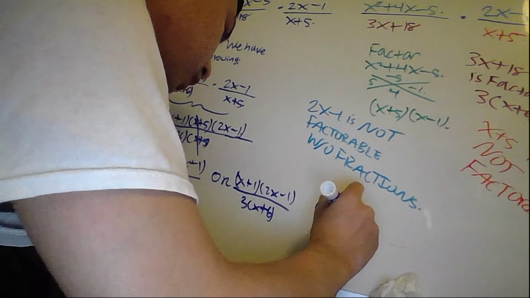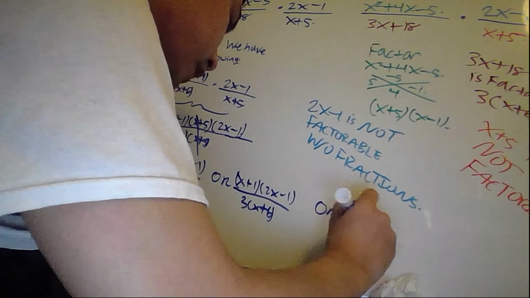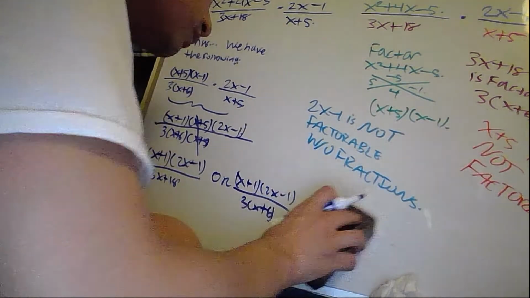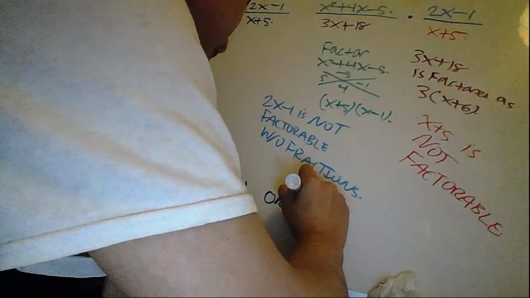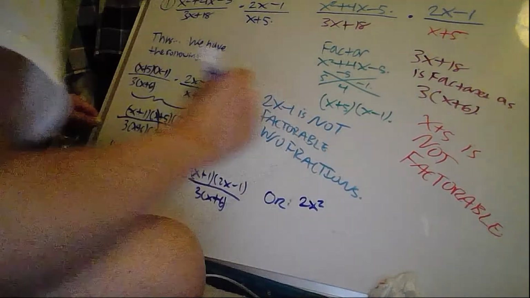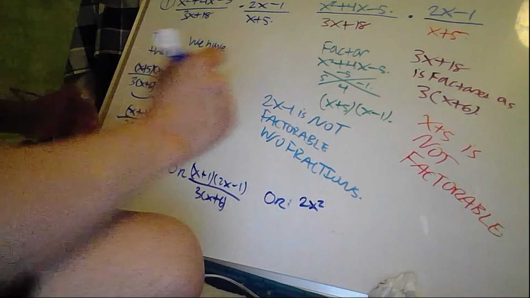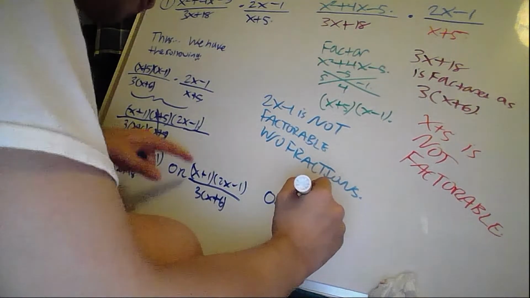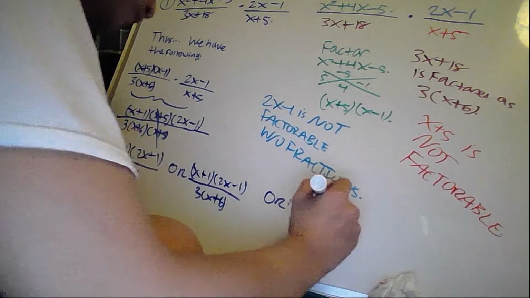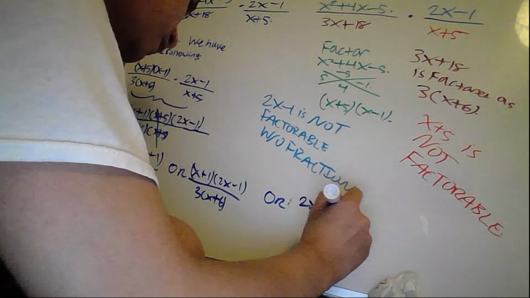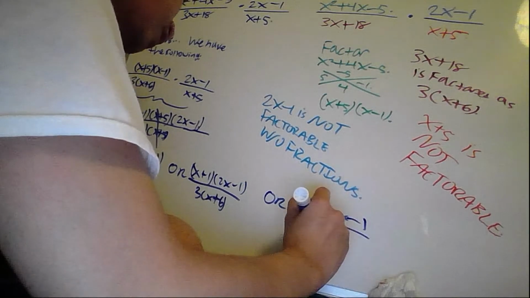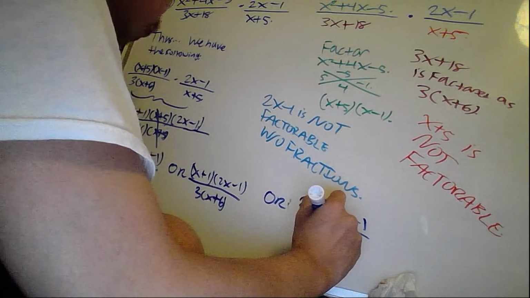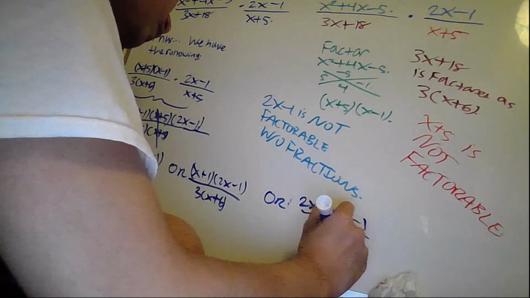Or 2x squared, right? It's going to be 2x squared minus x plus 2x, so plus x minus 1 over 3x plus 18.